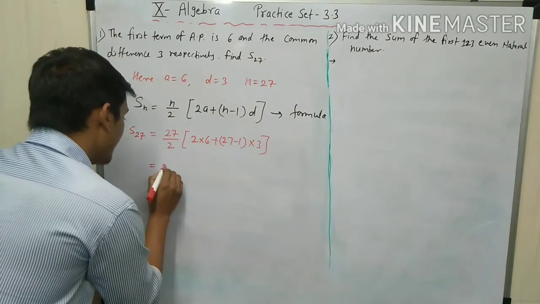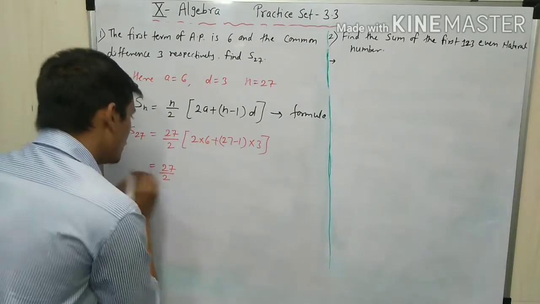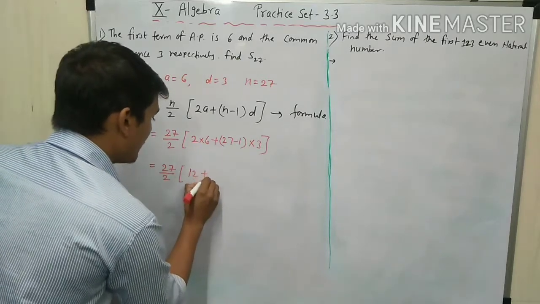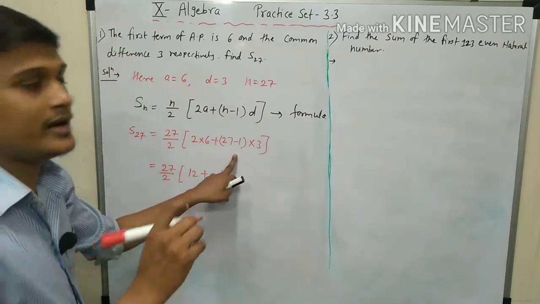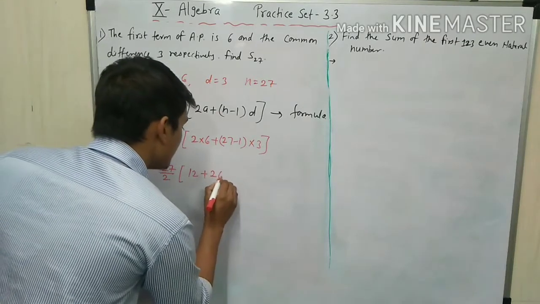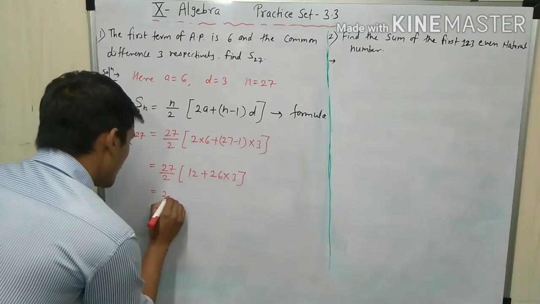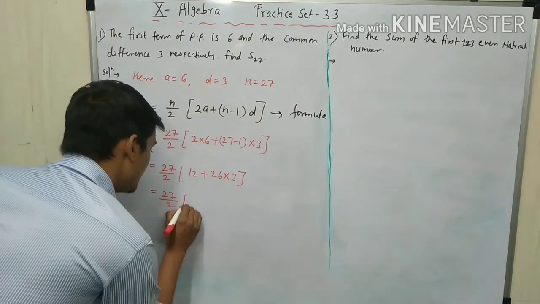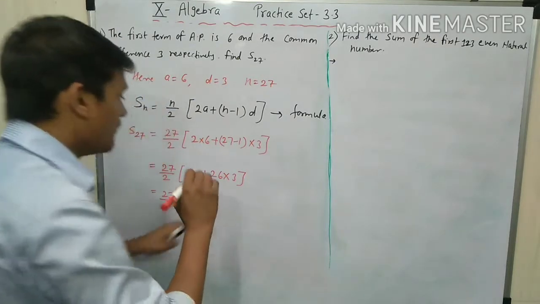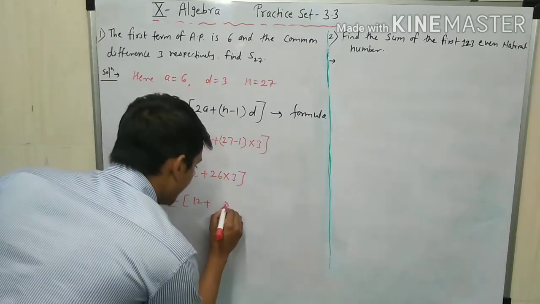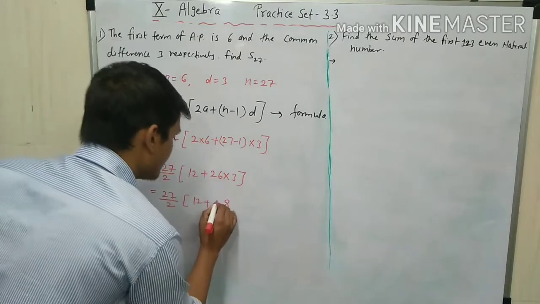Now we can find out 27 upon 2. Now 2 sixes are 12. 12 plus 27 minus 1 is 26, into 3. Now bracket will be closed. Now 27 upon 2, bracket 12 plus, we multiply 26 into 3: 3 sixes are 18, carry 1, 3 twos are 6 and 1 is 7, so 78.